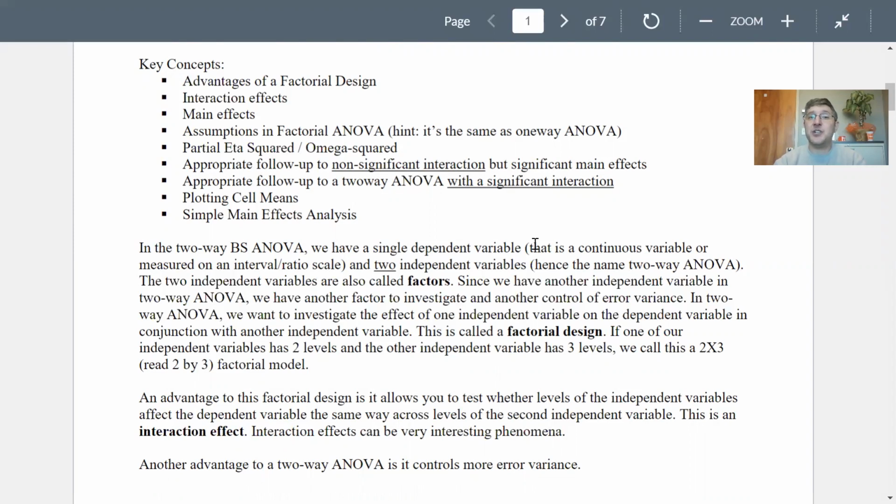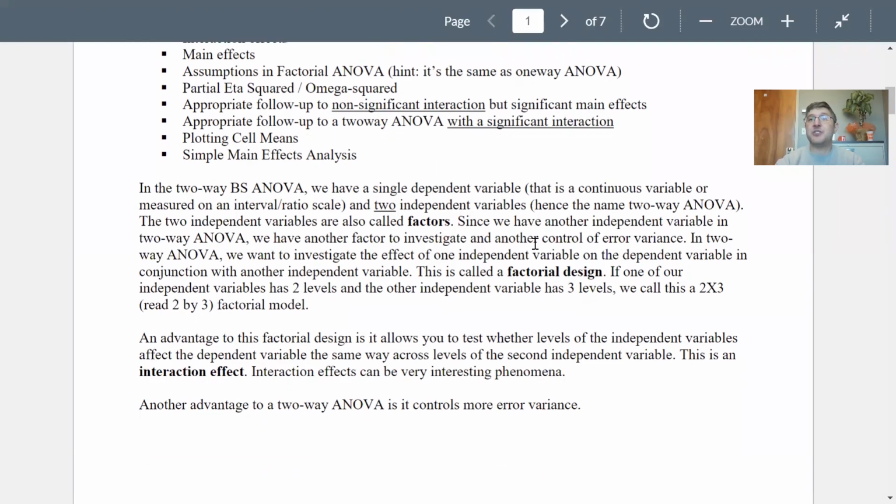So in a 2-way between subjects ANOVA, we have a single dependent variable, right? Our dependent variable is usually continuous or measured on an interval ratio scale. And we have two independent variables here. That's why it's called a two-way analysis of variance. A lot of times these independent variables are called factors in an ANOVA sense. That's why it's called a factorial design.